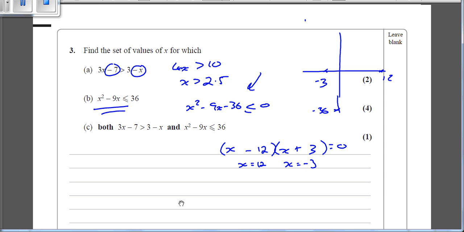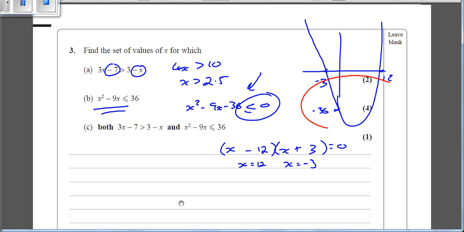And then sketching that, it looks like that there. And we've got to see where this is less than or equal to 0, so where it's below the x-axis, this bit here. So therefore, for this one, x is less than or equal to 12, because remember, it can be equal to as well, but greater than or equal to minus 3.